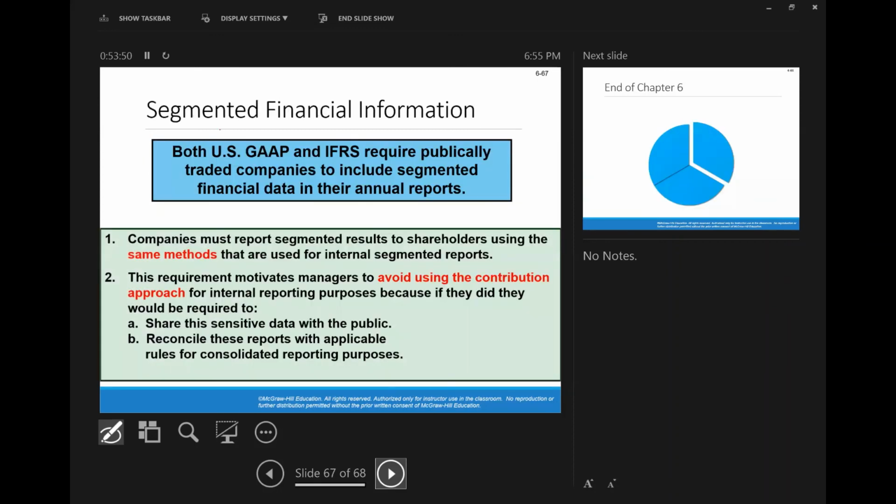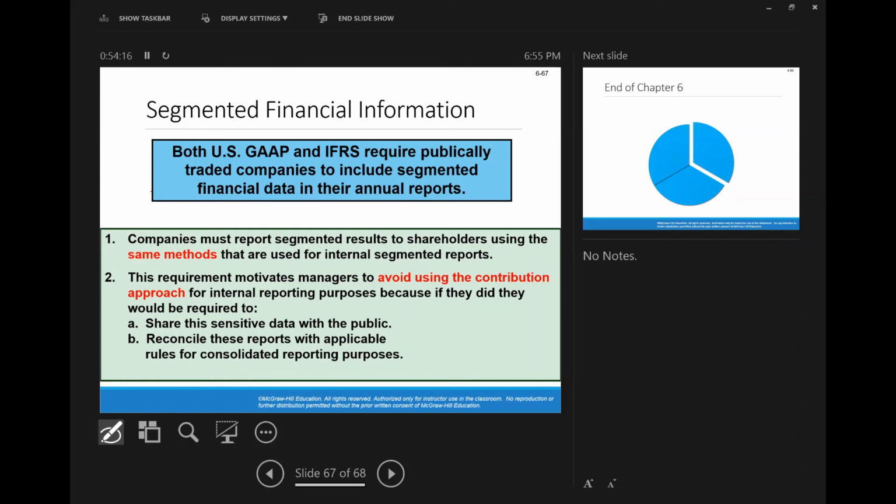And then we have both GAAP and IFRS require publicly traded companies to include segmented financial data in their reporting. So if they are a publicly held company, they have to report it by segment. So you can see the different segments and how they are doing, what it looks like for each one of those segments. They have to do it that way.